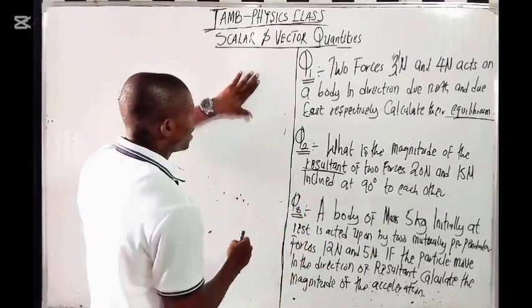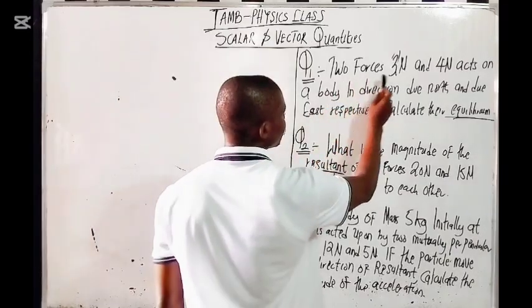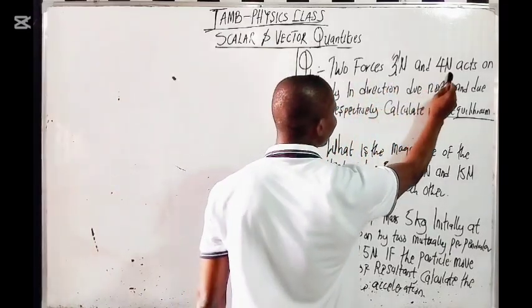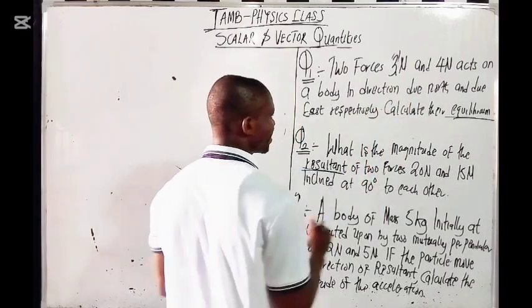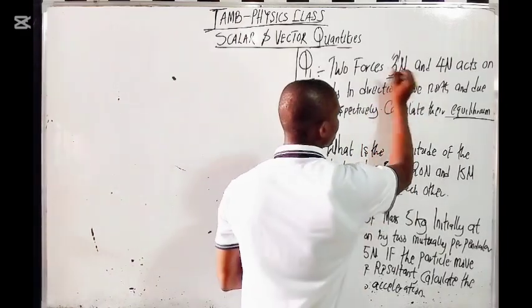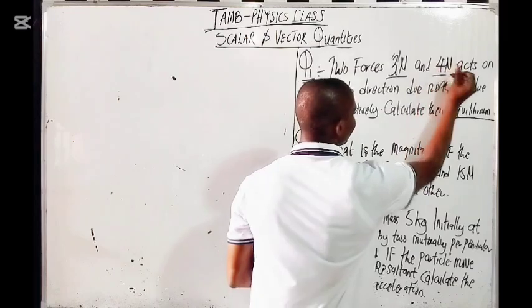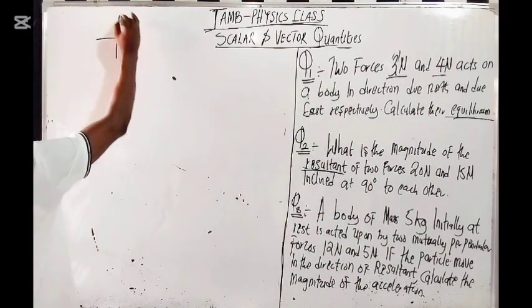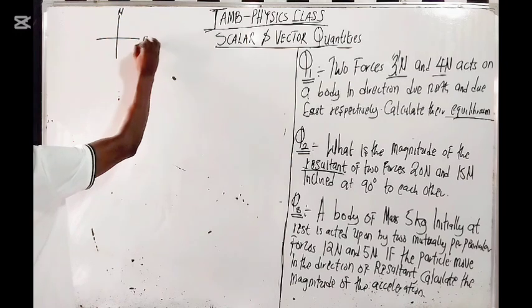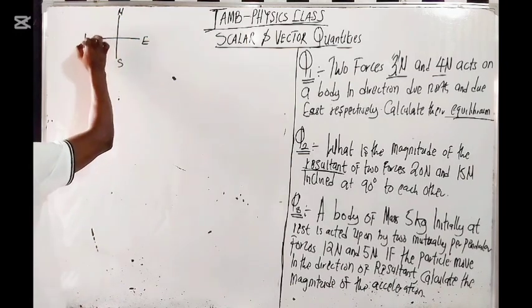So let's look at this question here. Two forces, 3 Newton and 4 Newton, act on a body in a direction due north and due east. Due north is this one here, due east is this one here. Here we have the four cardinal points: north, east, south, and west, right?